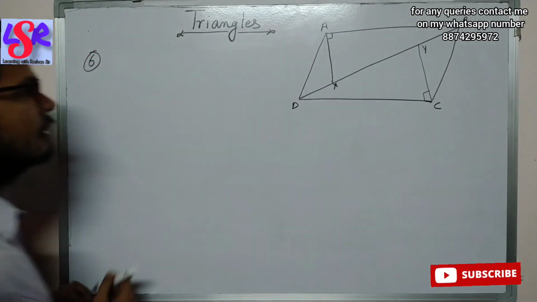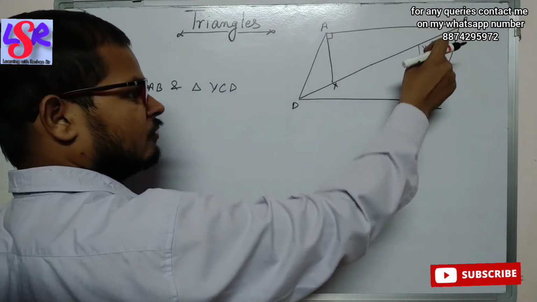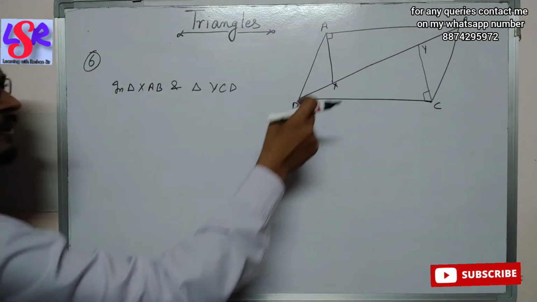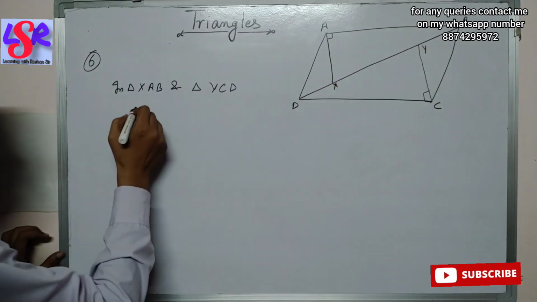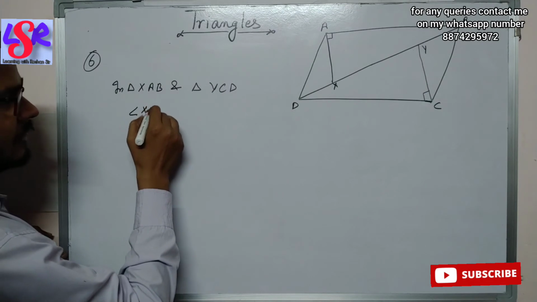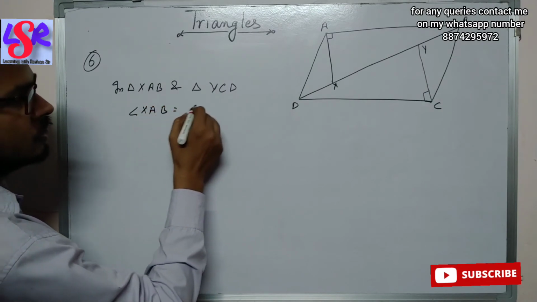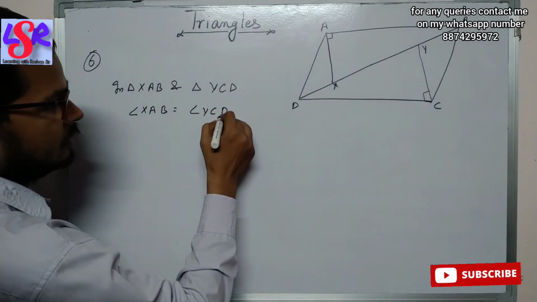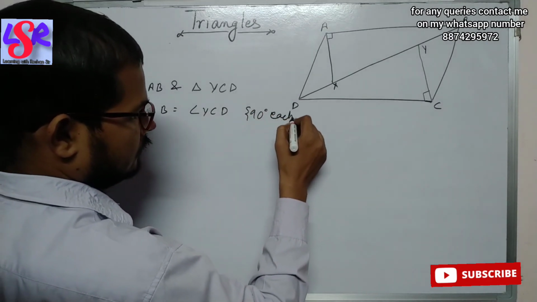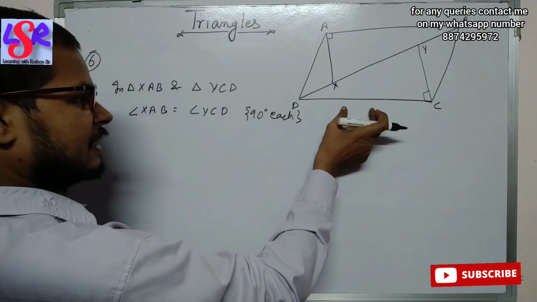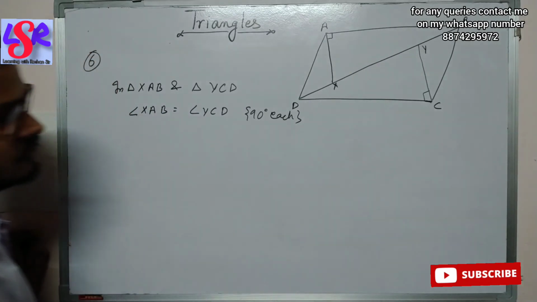So in triangles XAB and YCD, we have the angles XAB and YCD as 90 degrees each. So angle XAB equals angle YCD, 90 degrees each. Then we have this side equal to this one as opposite sides of a parallelogram.